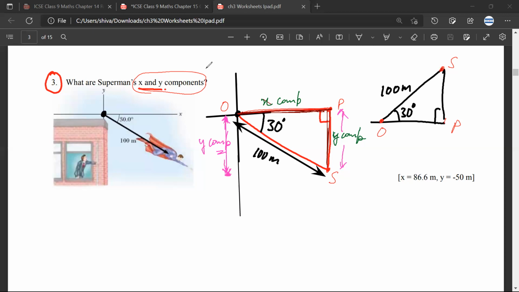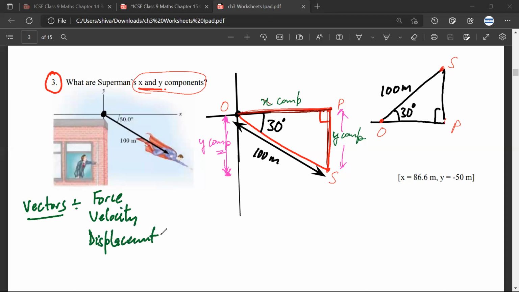Now, when I'll be doing vectors, for example, force is a vector that we have discussed. Velocity is a vector. Displacement is a vector. Is it making sense? Yes, sir. So, when we do the force numericals, they'll have a question like this.